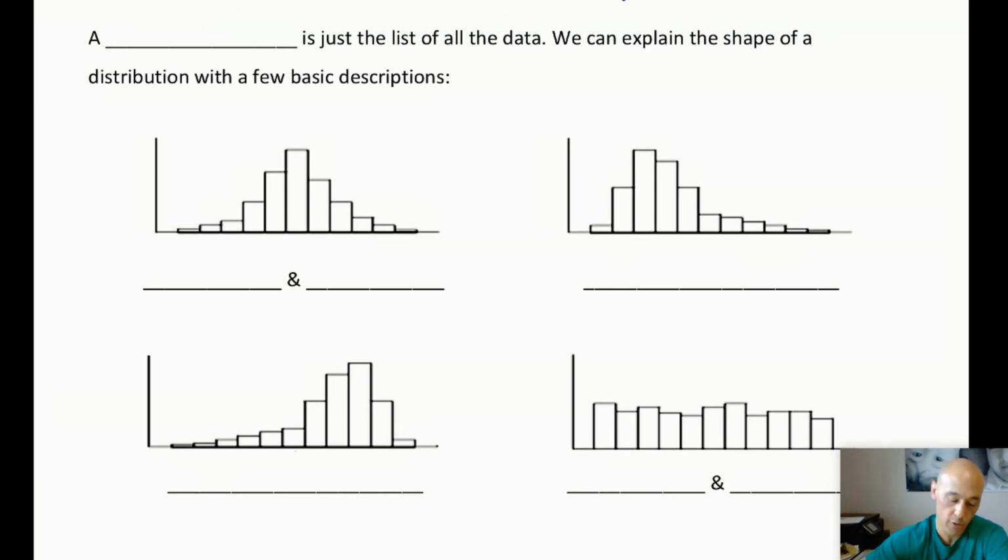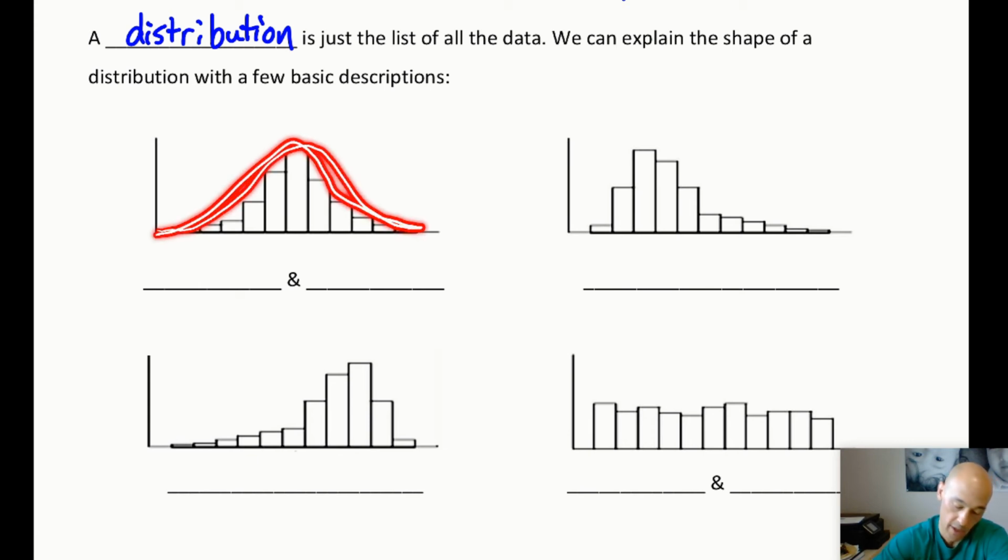A distribution is just the list of all of the data. We can explain the shape of a distribution, so explain the shape of the data with a few basic descriptions. Here, if we follow a line along the top there, it looks kind of like that, and we say that that's normally distributed.